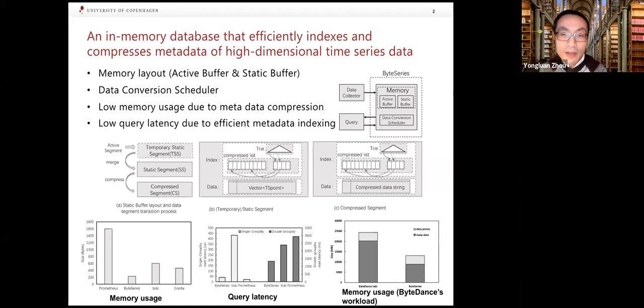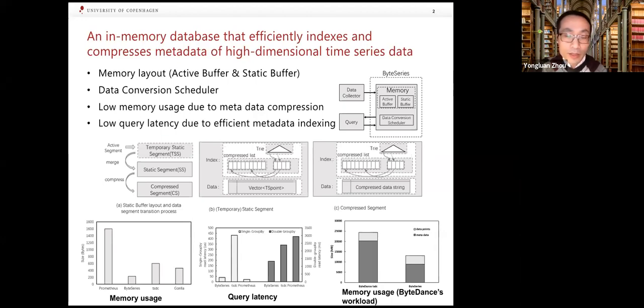Both the metadata and data points are compressed. We did not develop new algorithms to compress the data points. Our contributions are mainly on the metadata compression. We use a trie data structure to achieve both efficient indexing and efficient compression. We also developed a data conversion scheduler to determine when and how we convert the data between the different data structures of the two buffers.